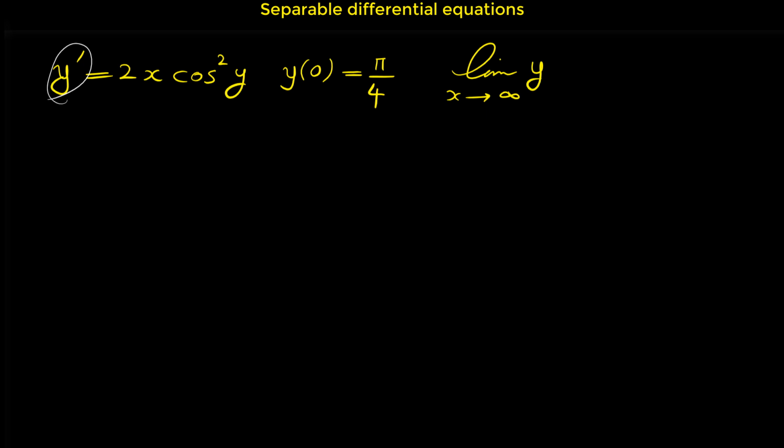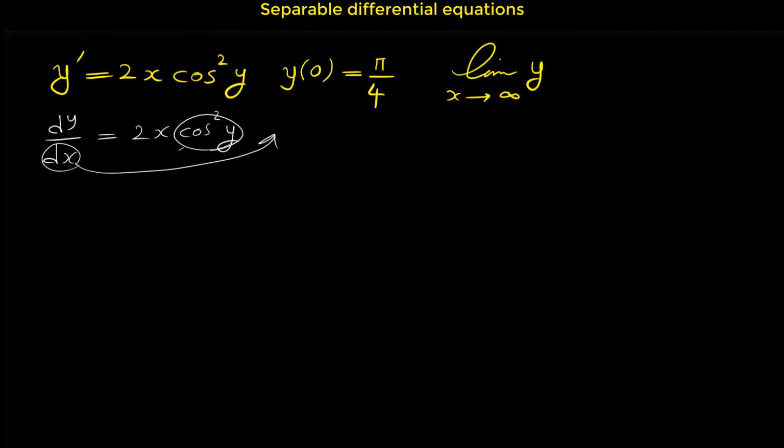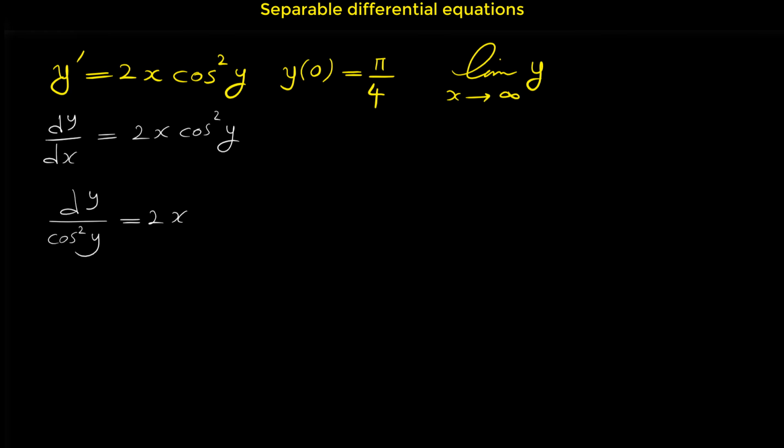First, instead of y prime, we write dy over dx as usual equals 2x cosine squared y. If we bring dx to the top and we move cosine squared to the denominator of dy, we have dy over cosine squared y equals 2x dx.